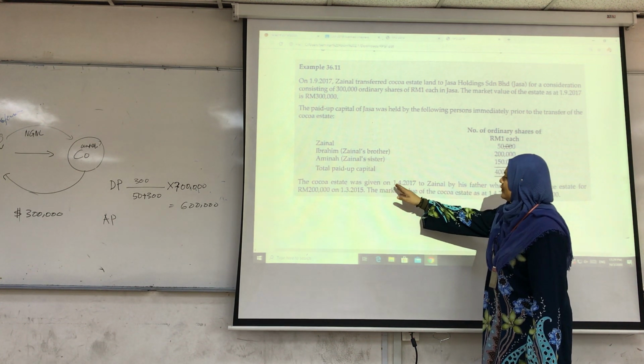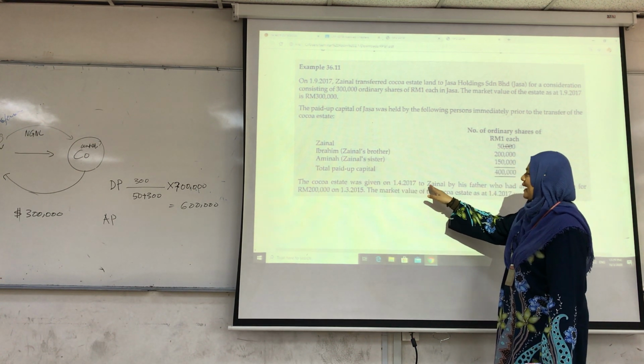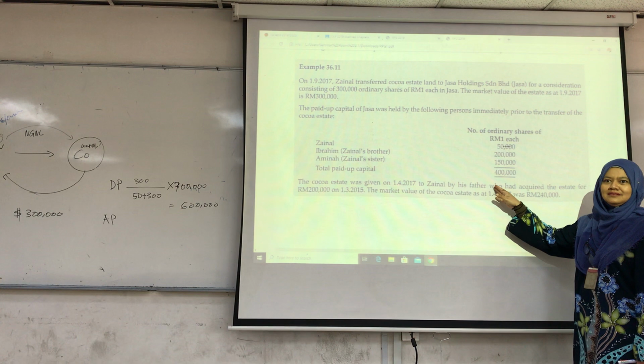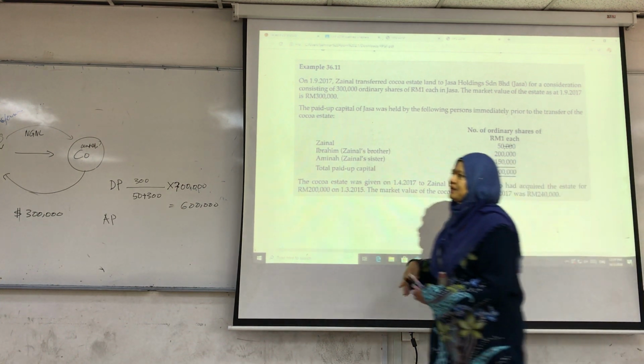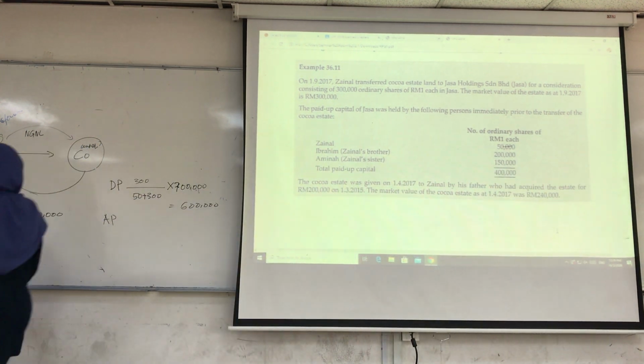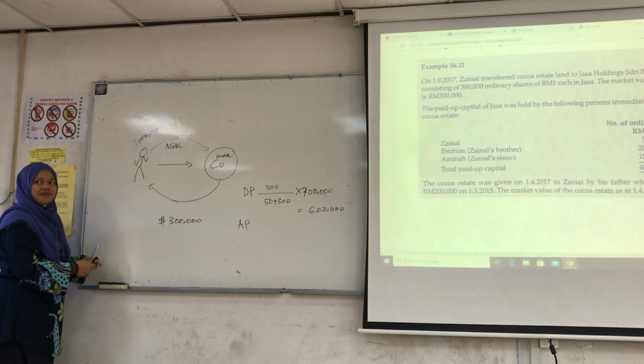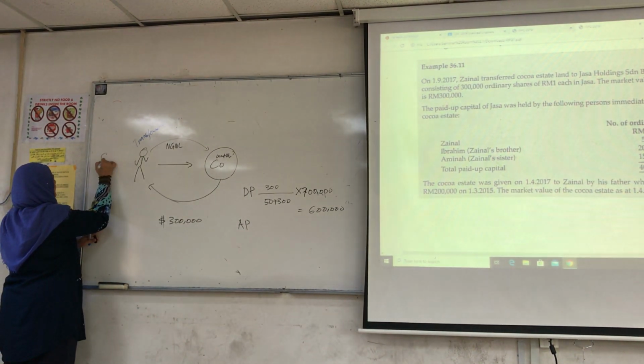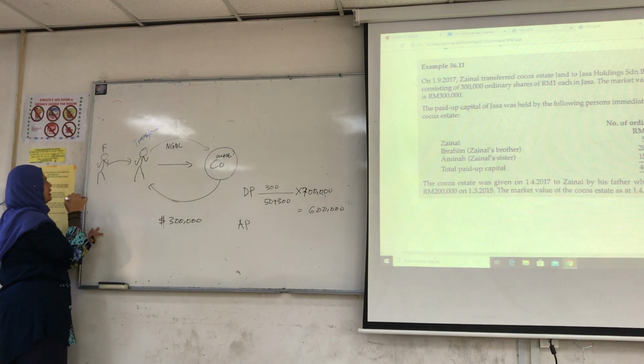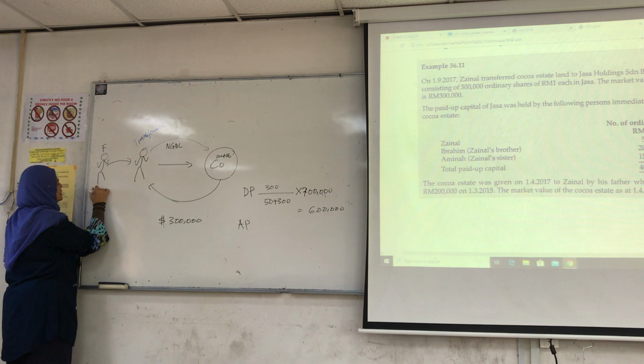Coco Estate was given on 1st April 2007 to Zainal by his father. So when his father gives it, it falls under what? Inter vivos. The father gave to Zainal. Father is no gain, no loss.